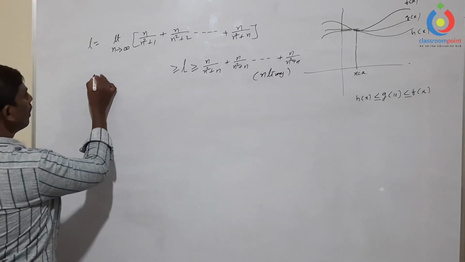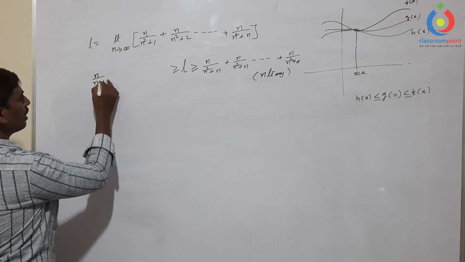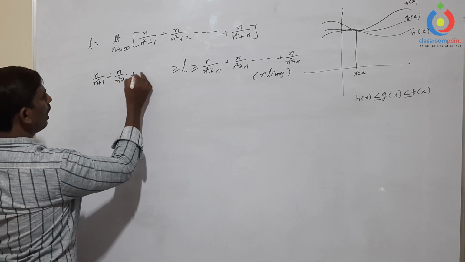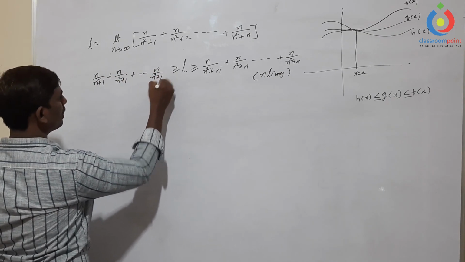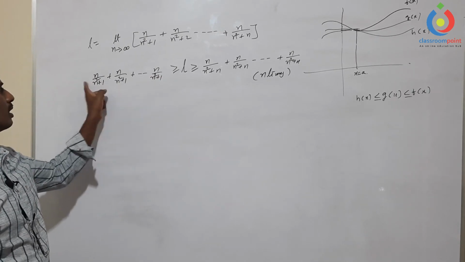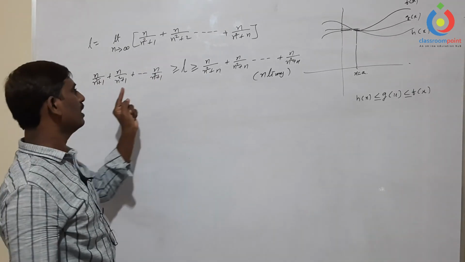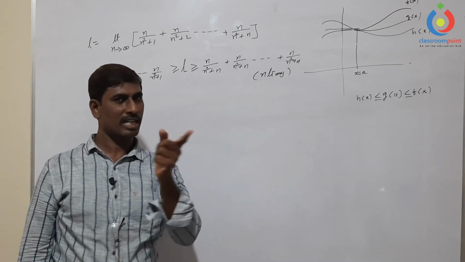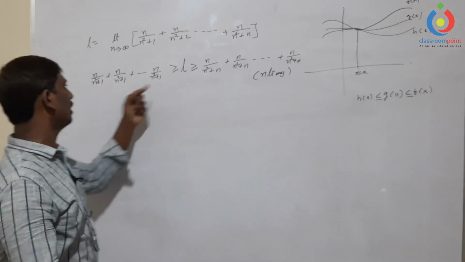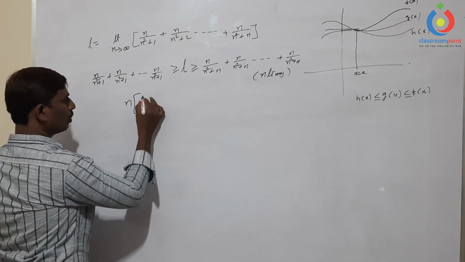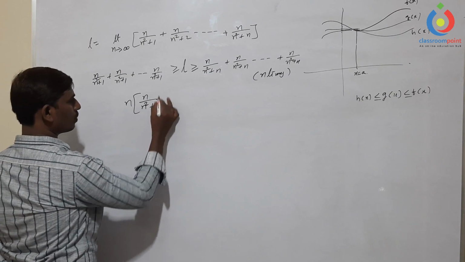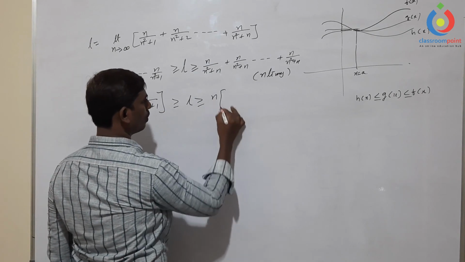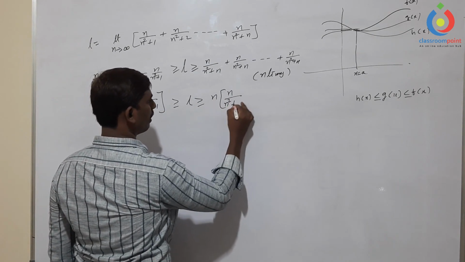Here also we take n by n square plus 1 plus n by n square plus 1 and so on, total n times. That means 1 plus 1 plus 1 is 1 into 3, x plus x plus x is x into 3. Like that, n into n by n square plus 1 is greater than or equal to L, which is greater than or equal to n into n by n square plus n.